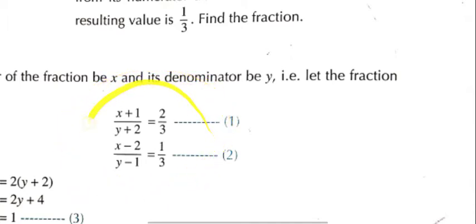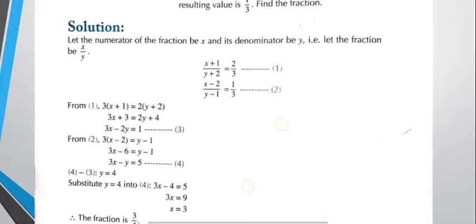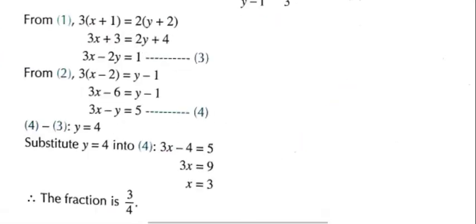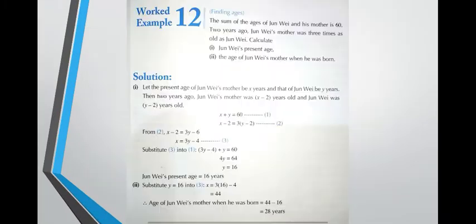So 3 times x plus 1 and y plus 2 times 2, and then you just make sure that in the end the variables x and y are on the left side and the constant is on the right side. And then there you go, you just solve it. The answer is given already. You can try it yourself, see if you can get the same answer.